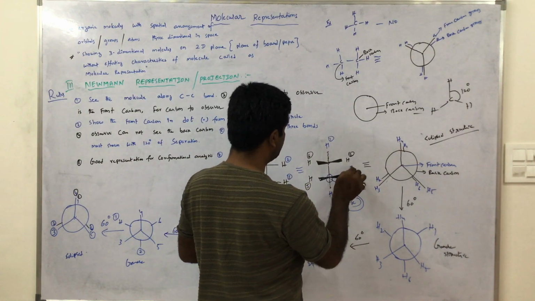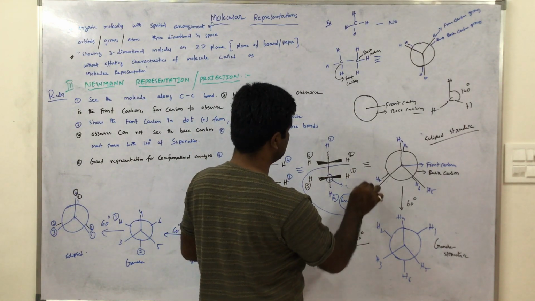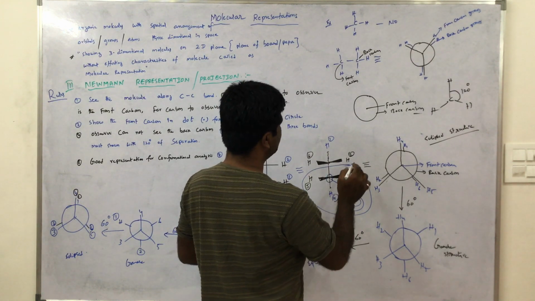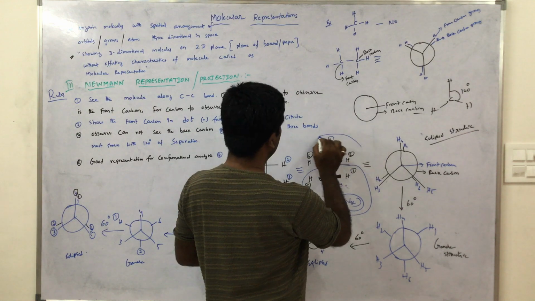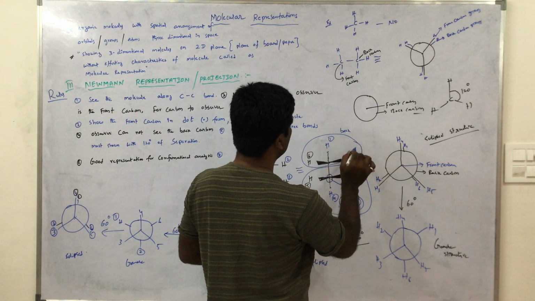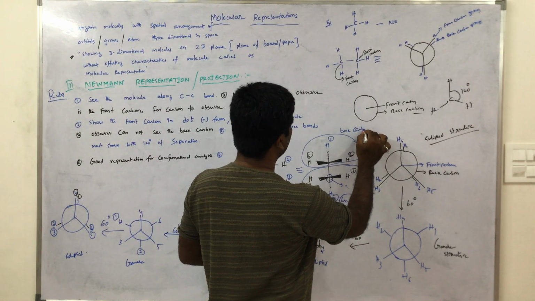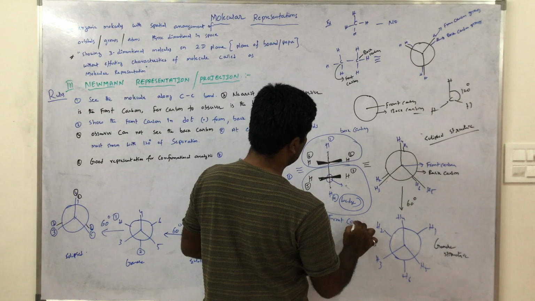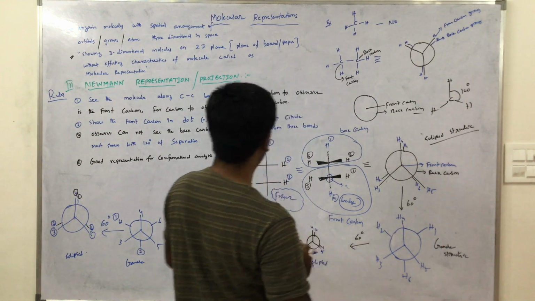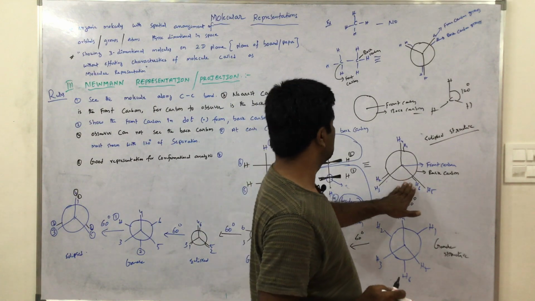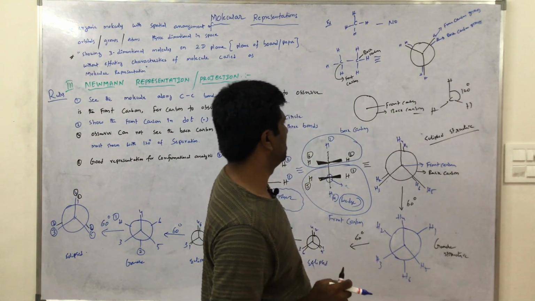Here observe, this is the front carbon, this is the back carbon, this is the front carbon. So from the wedge representation, this is the Newman representation.